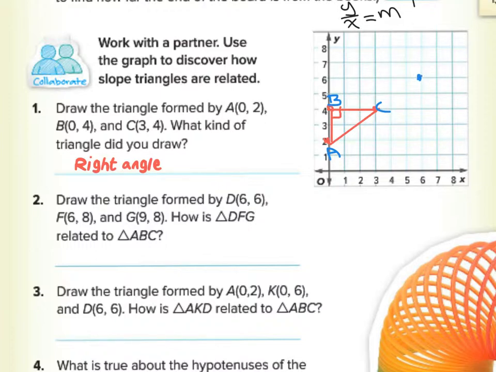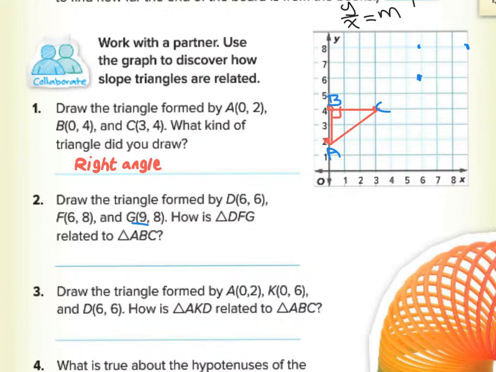Then I have 6 and 8, right there. And then I have 9 and 8, which doesn't even fit in here. 9 and 8, right there at the very top corner. So there's my other triangle.